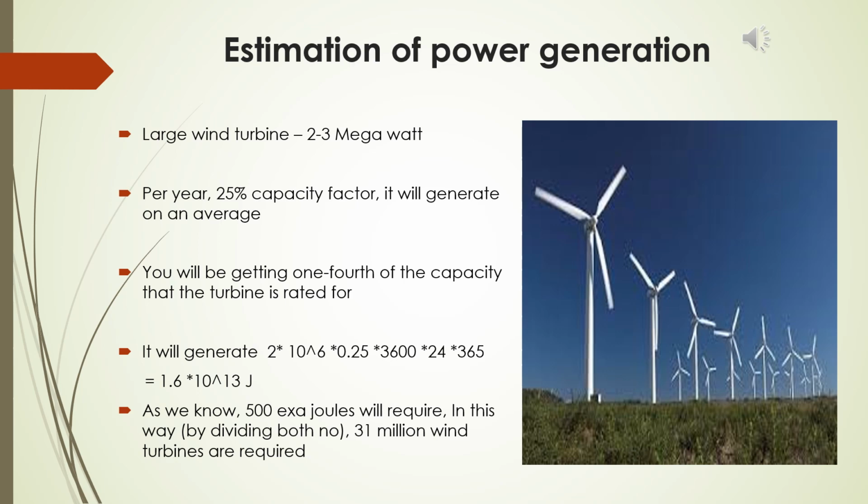So generally the large wind turbines have the capacity to produce 2 to 3 megawatt of energy. In practical, the fraction amount of energy we can get through these wind turbines, as you can see, 25% the capacity factor is mentioned in this slide, which means we'll be getting 1/4 of the capacity that the turbine is rated for.